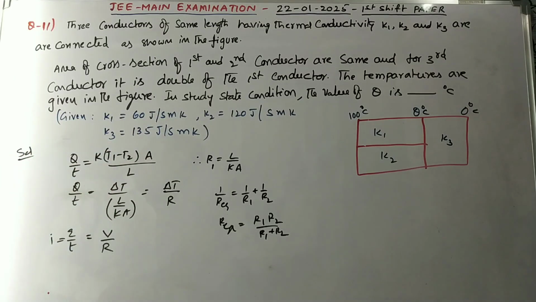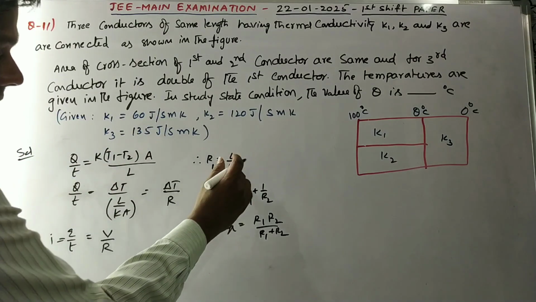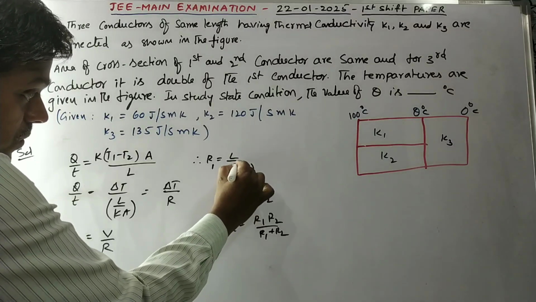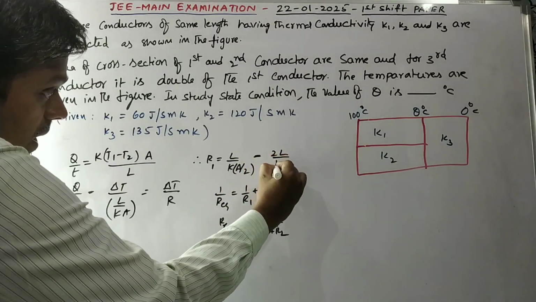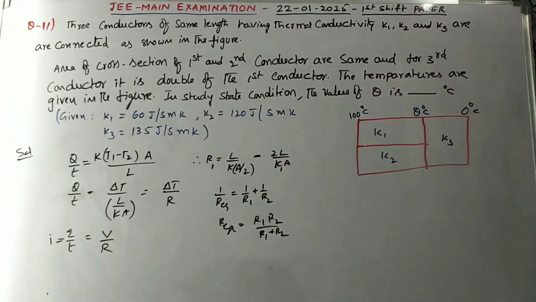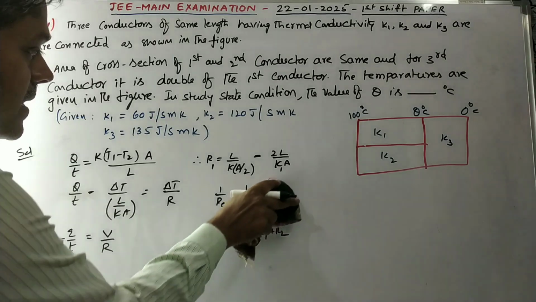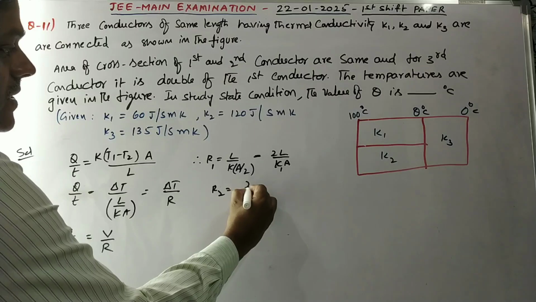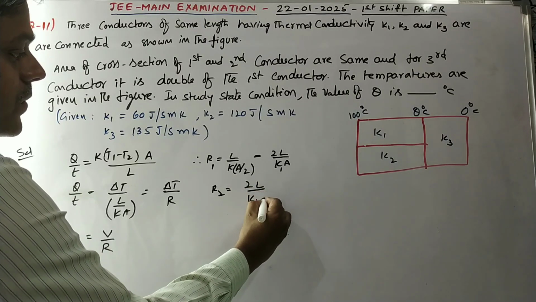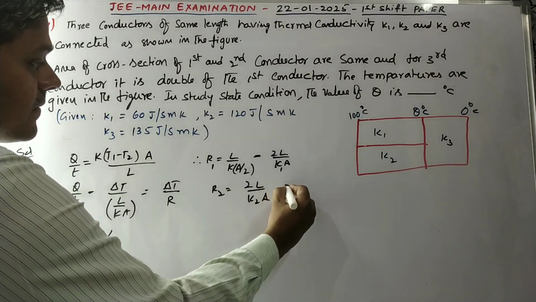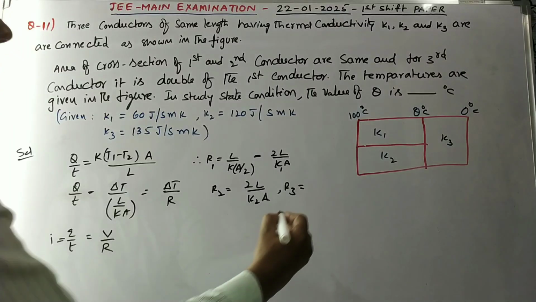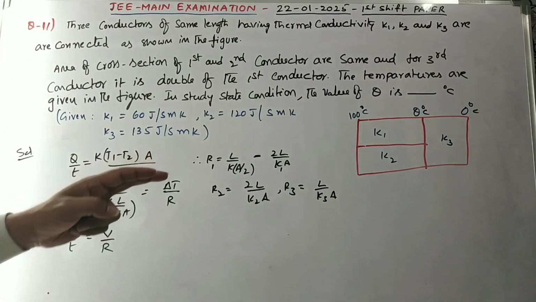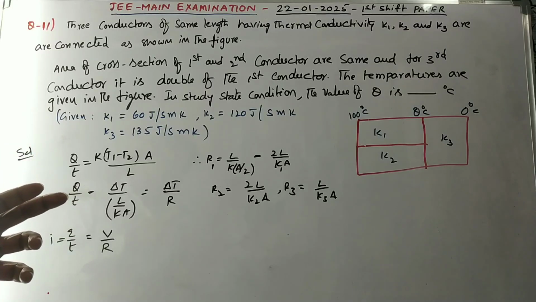That means R1 is equal to L by K1 into A by 2, which is equal to 2L by K1 into A. Similarly, the thermal resistance of the second conductor is R2 equals 2L by K2 into A. And the third one, R3, is equal to L by K3 into A.